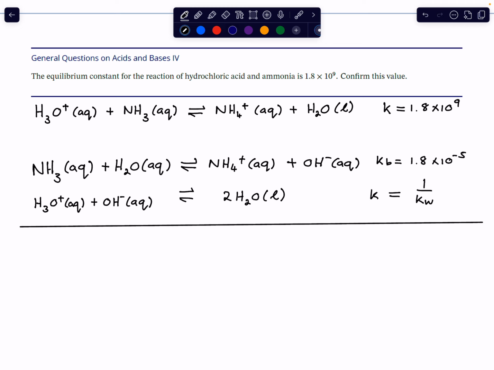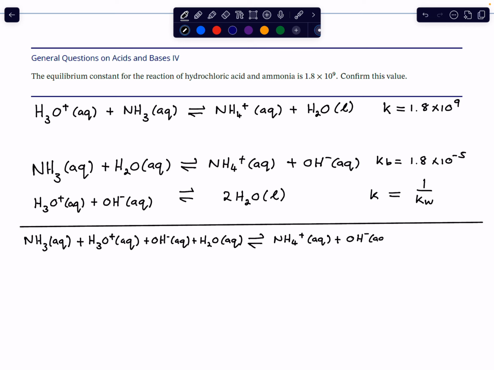So this gives us NH3 plus H3O plus aqueous plus OH minus aqueous plus H2O aqueous in equilibrium with NH4 plus aqueous plus OH minus aqueous plus 2 water liquid.